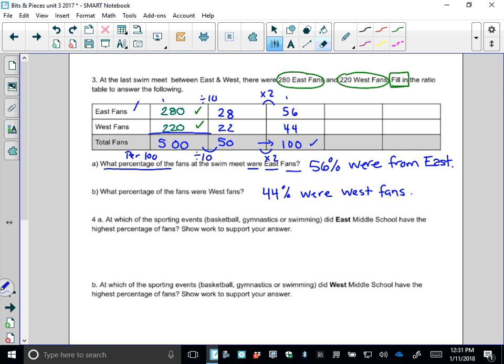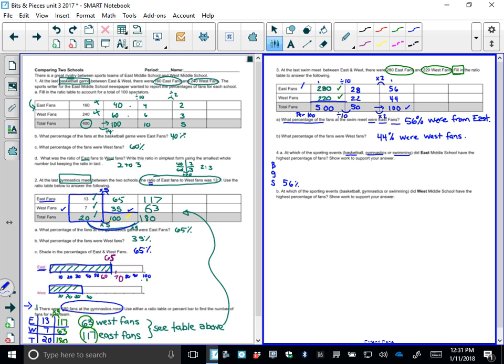So part 4, which of the sporting events? Remember, the first page had basketball, gymnastics, and this page is swimming. Did East High School have the highest percentage of fans? So for basketball, gymnastics, and swimming, East had 56% of the fans for swimming, because we just did that one. And if we look back a page, we can look at 2 pages together.